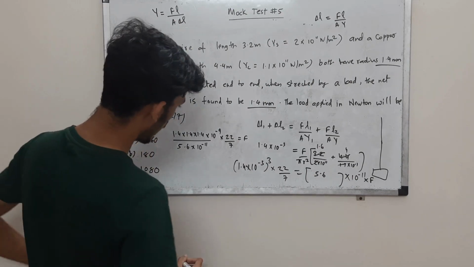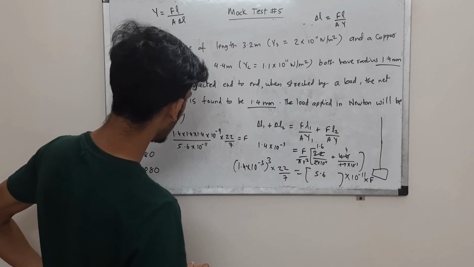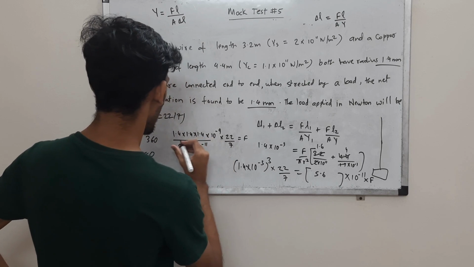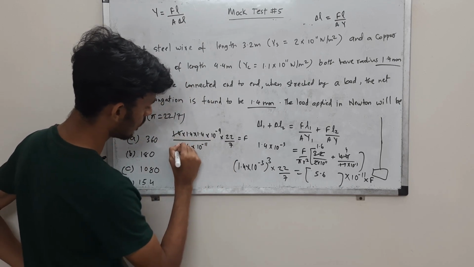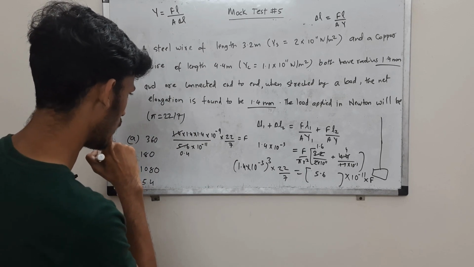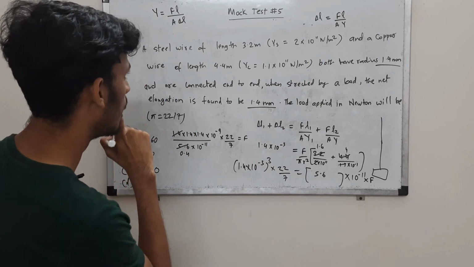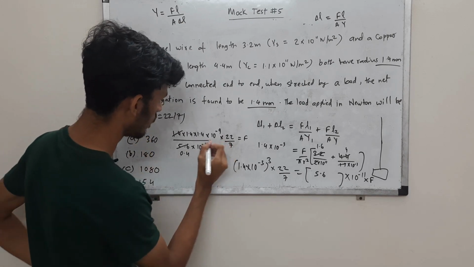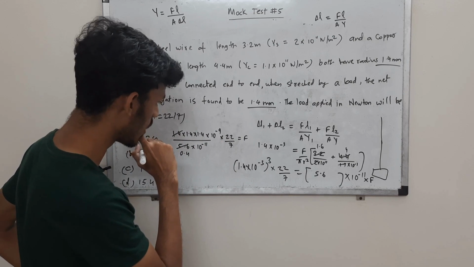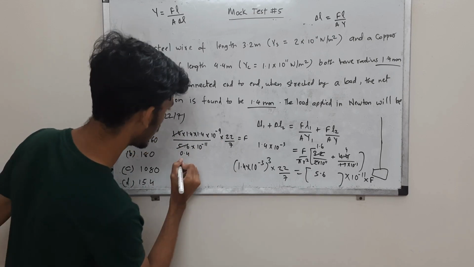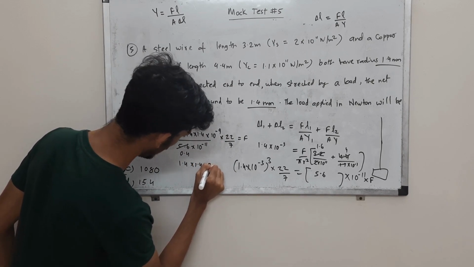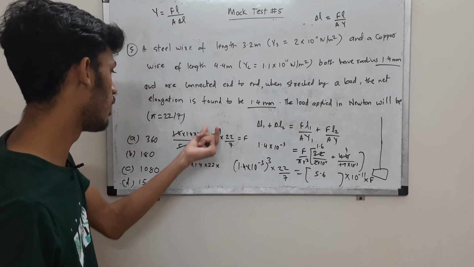This should be simple, I guess. Things should cancel out, so we'll try cancelling them out. 14 4s are 56. Seven 4s is 28, which is 14 2s are 28. So what I'll do, 1.4 into 1.4 into 22 into this will be 10 to the power plus 2.